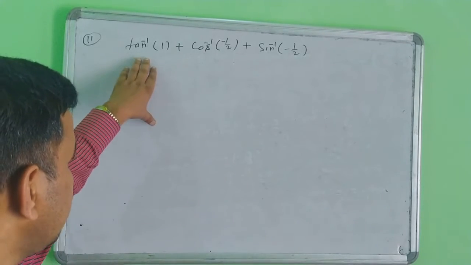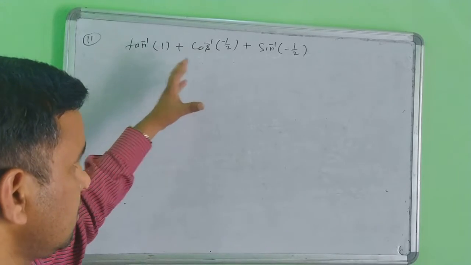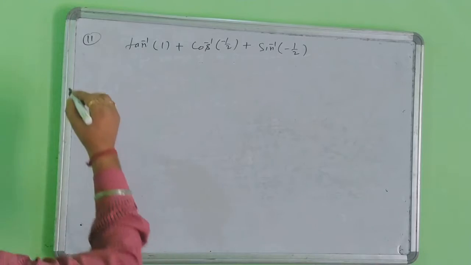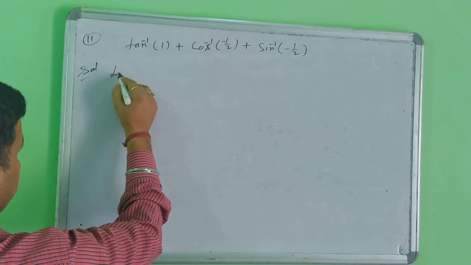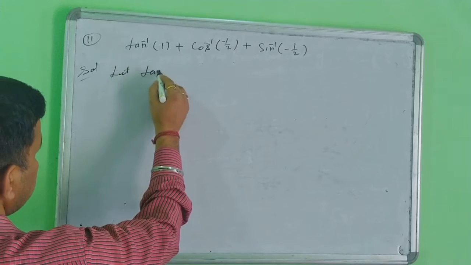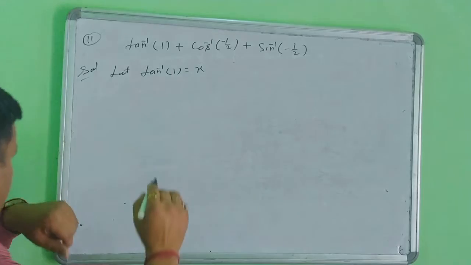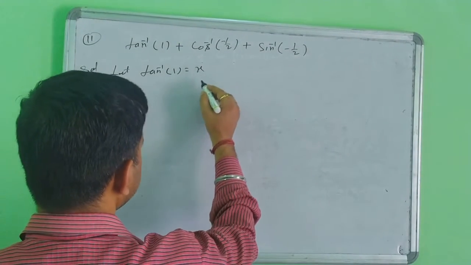But suppose you find it by the separate method, then you solve the first part, then the second, according to this way. What is the range of this? So first of all, you will find the first part. Now tan inverse x equals x. What is the range of this?